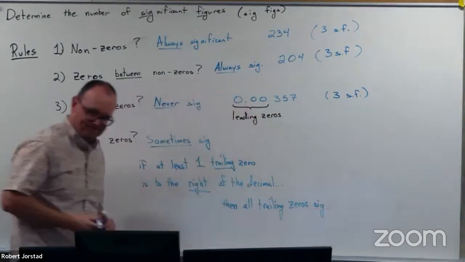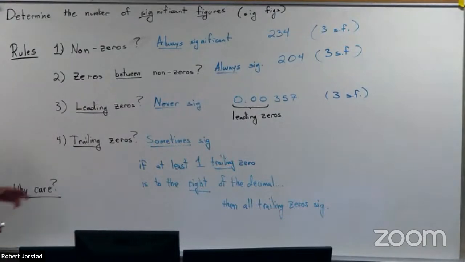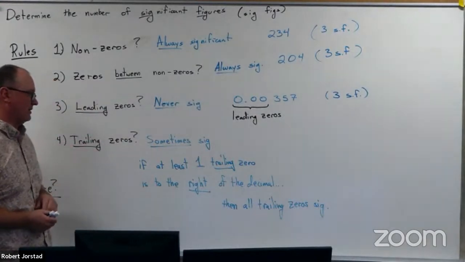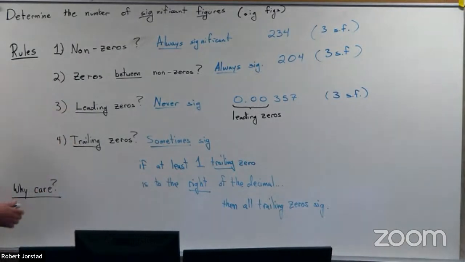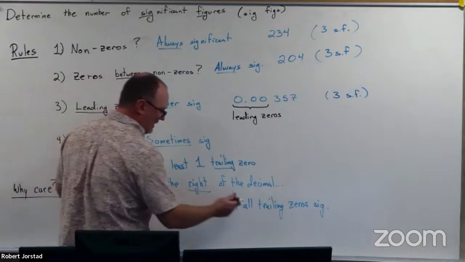That's a long rule. If at least one trailing 0 is to the right of the decimal, then all trailing zeros are significant. That's crazy.